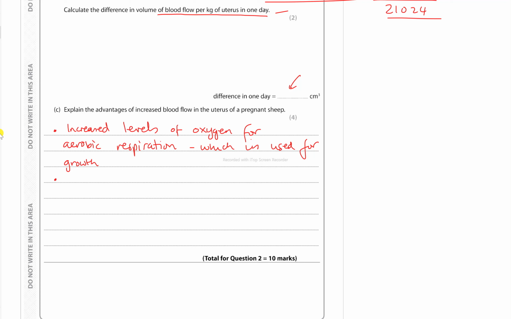You get more nutrients, leading to better growth. You've got removal of CO2, which is a waste product. You've got removal of urea, which is a waste product from cell respiration.